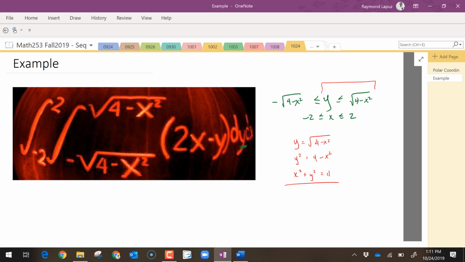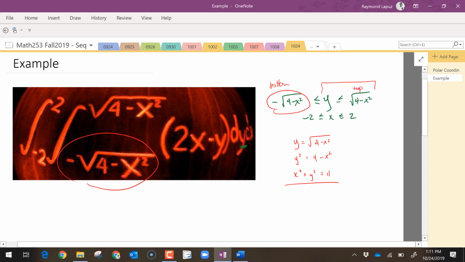I'm hoping that you'll see this today and you'll do a few more of these types of problems. And then from here on out, when you see a square root of some number minus something squared, you're going to see that's a piece of a circle. And what this tells us is that we have the bottom part of the circle and the top part of the circle that make up your f of x functions.